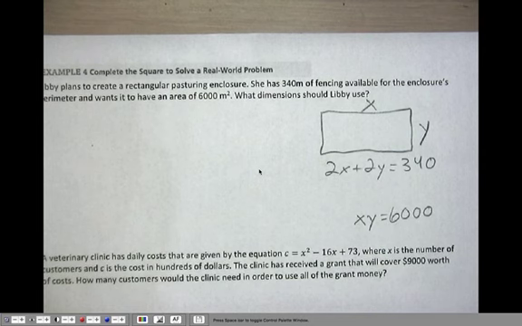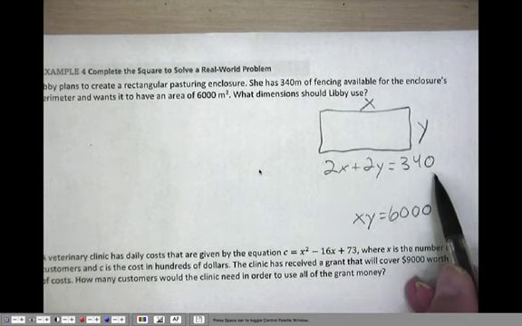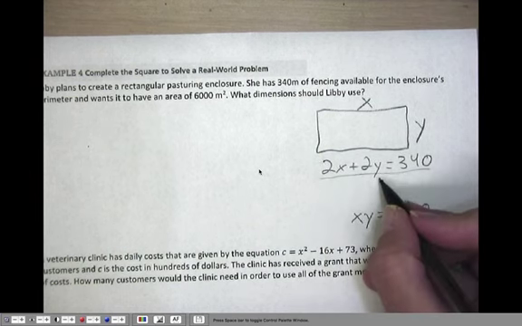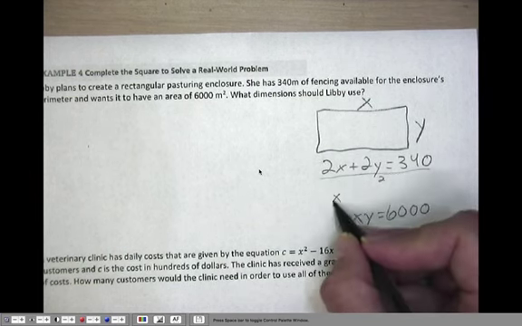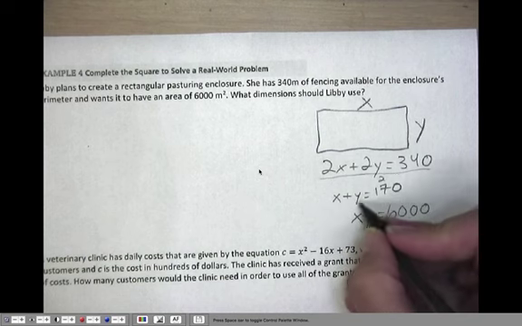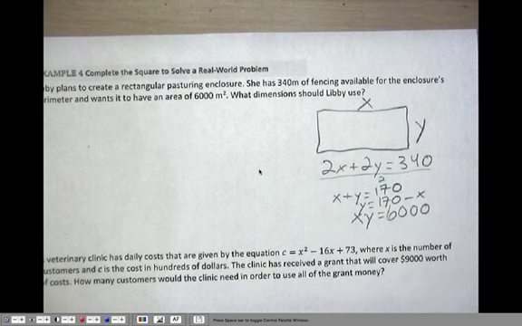Well, I don't want to solve this as a system of equations. I want to write this as one equation. So that means I need to get one variable in terms of the other one. This is the easiest equation to do that for. So if I divide this whole equation by 2, I have x plus y equals 170, and so y is 170 minus x.